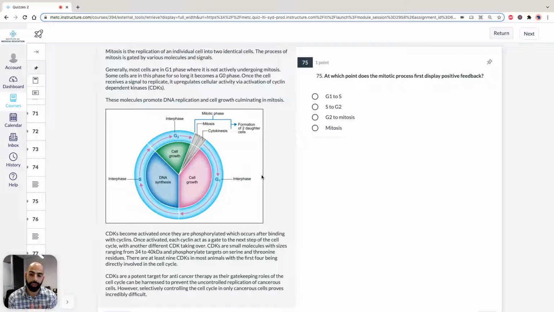If there's going to be a signal to cause DNA synthesis, it has to occur between G1 and S. Therefore, if it's the first instance to display positive feedback, the answer is G1 to S. Yes, the CDKs are upregulated throughout interphase, mitosis and meiosis, but the question isn't asking whether it is occurring. It's asking when it is first displayed, and it's first displayed from G1 to S phase.